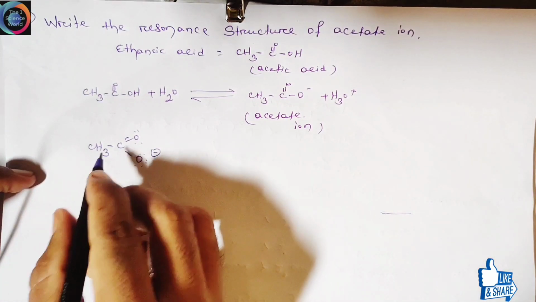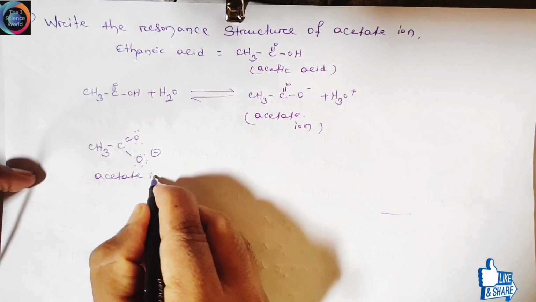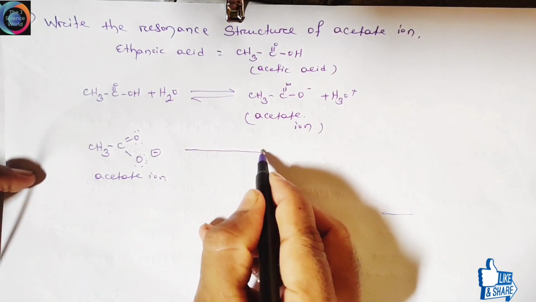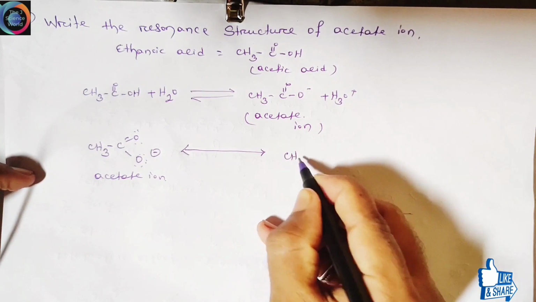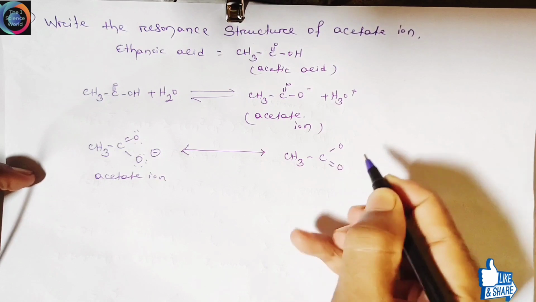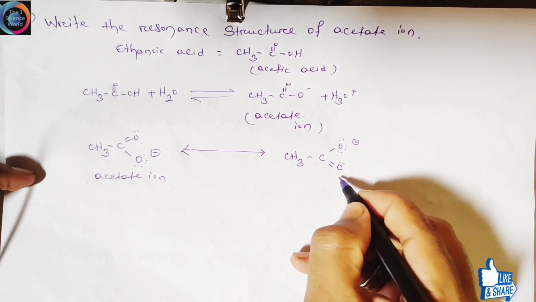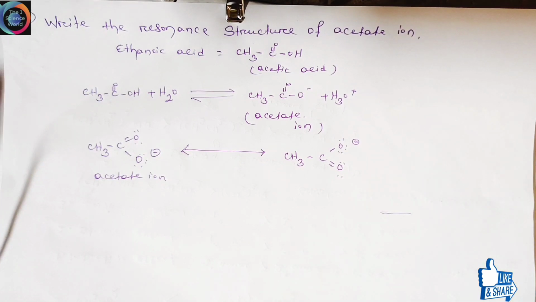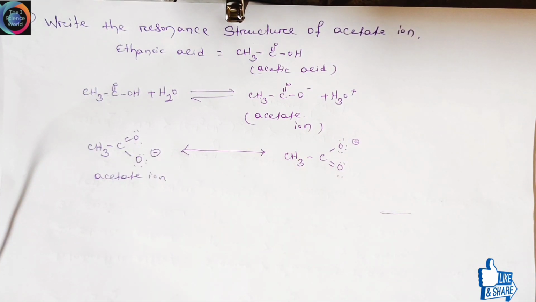This is our acetate ion. We also write another, that is CH3, in the opposite way.